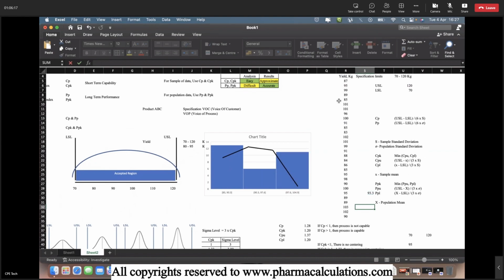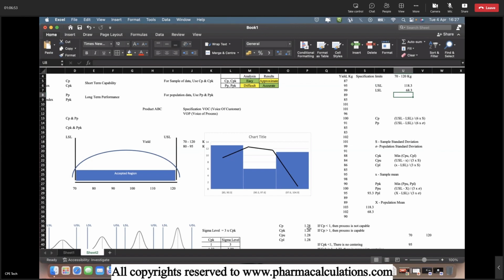So instead of having 95 plus or minus 25, I'll make it 93.3 plus or minus 25. Instead of having the center at 95, I'll make the center 93.3, and now the upper specification limit is 93.3 plus 25, so it is 118.3, and on the lower side it is 93.3 minus 25, 68.3. Let's change it now, 118.3 and 68.3.